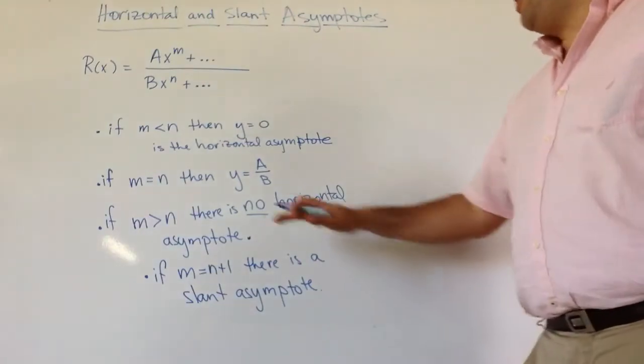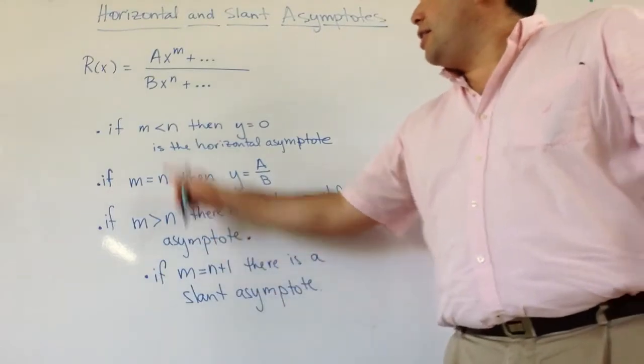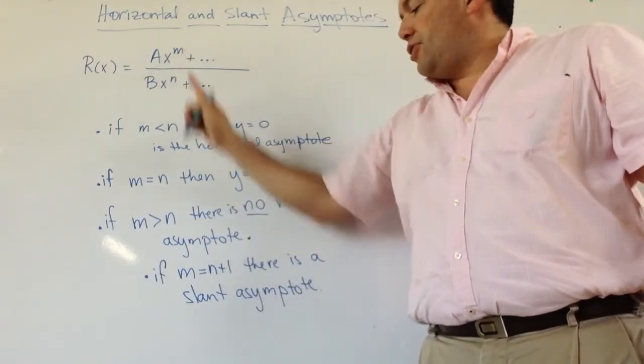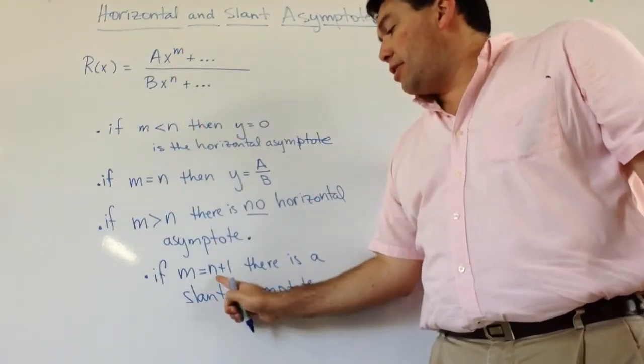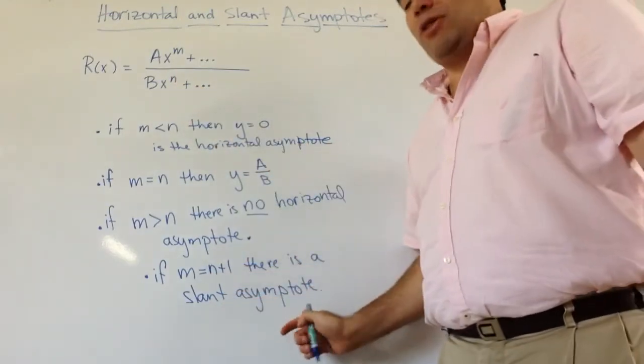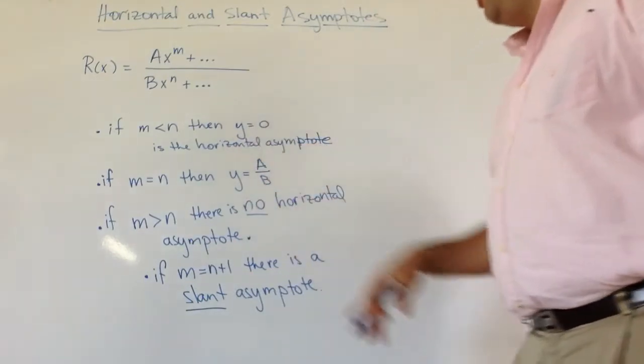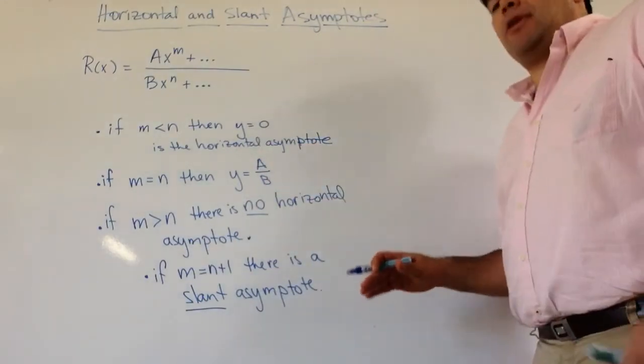However, if the degree in the numerator is just one more than the degree in the denominator, there is a slant asymptote. This is a diagonal asymptote. So we'll see how this looks.